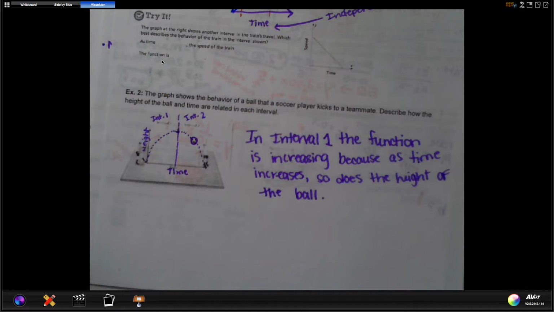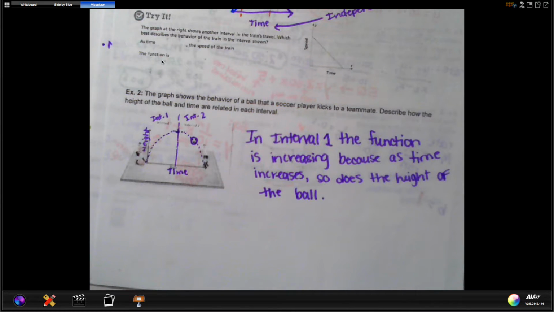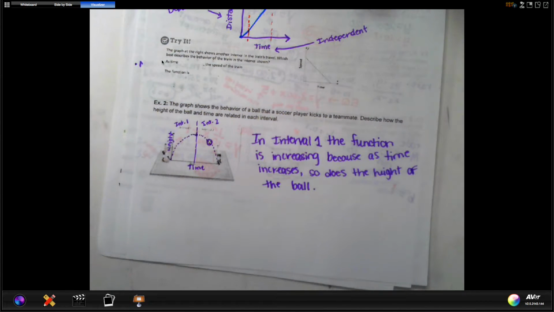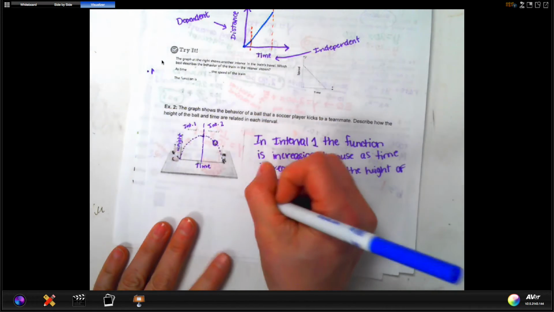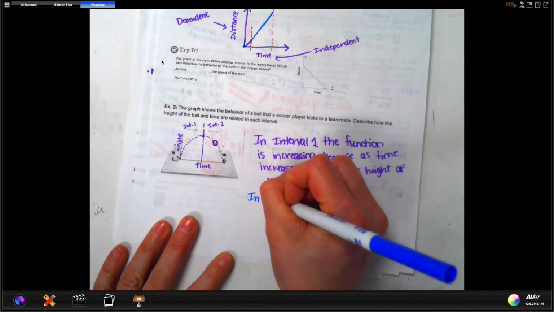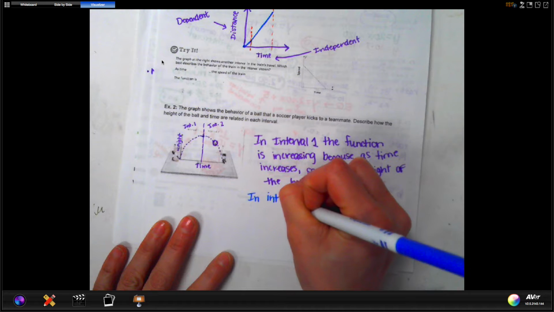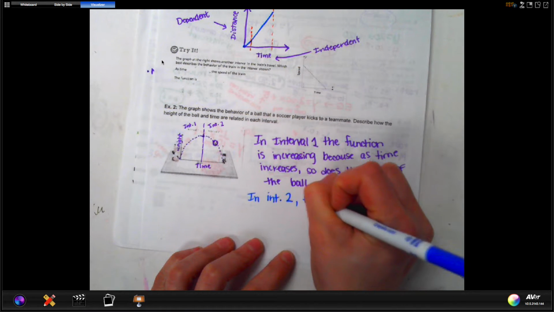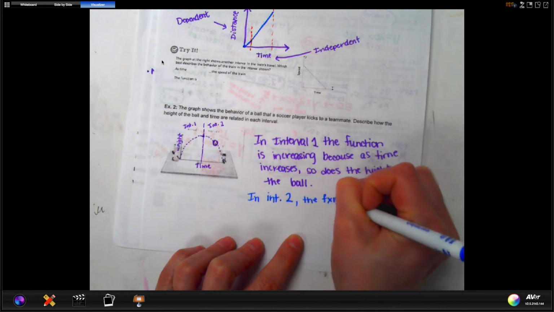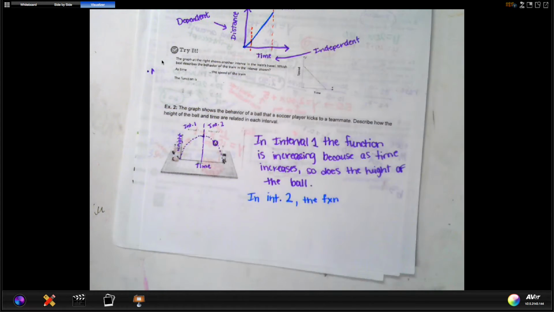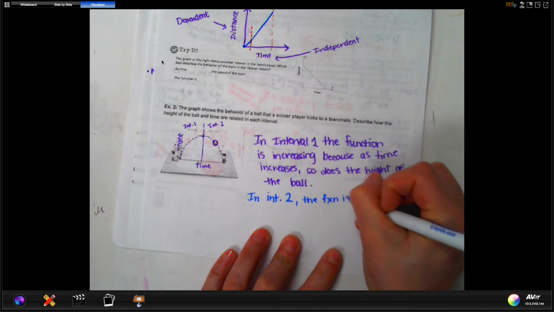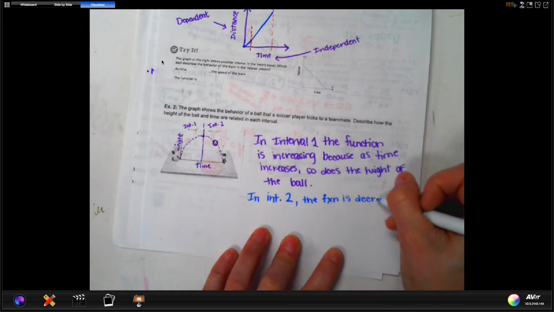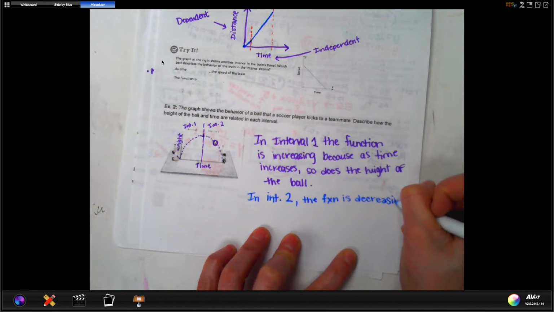Let me see if I can zoom out a second so that you can see what I'm writing. In interval 2, and I am going to abbreviate here, what is the function doing in interval 2? In interval 2, the function is decreasing. And why is it decreasing? How do we know that?